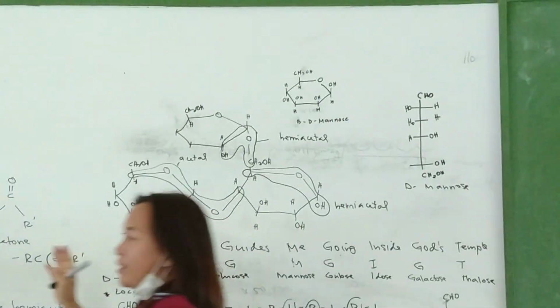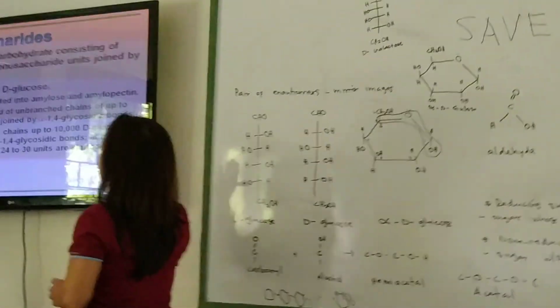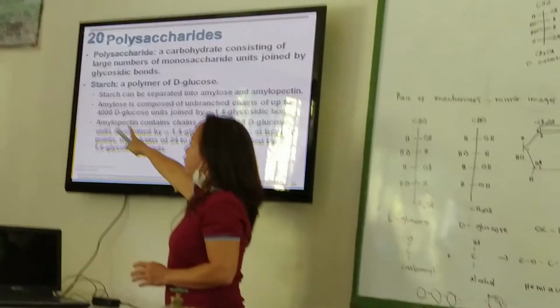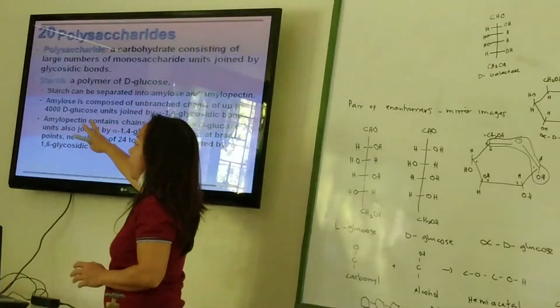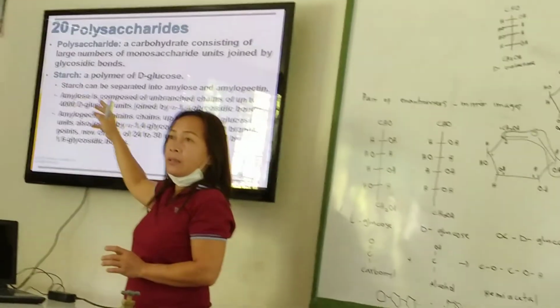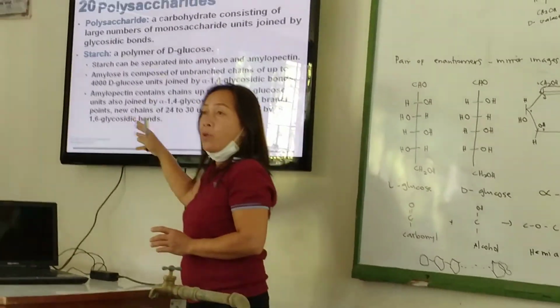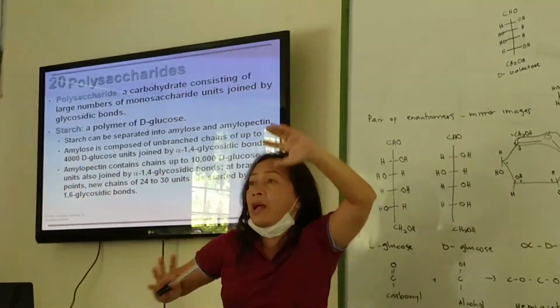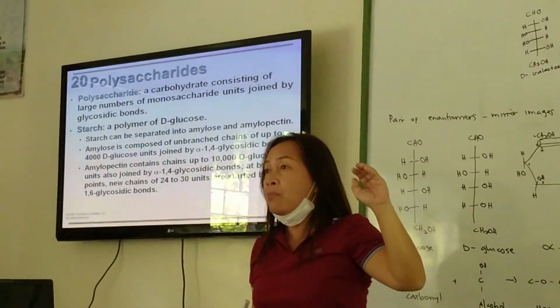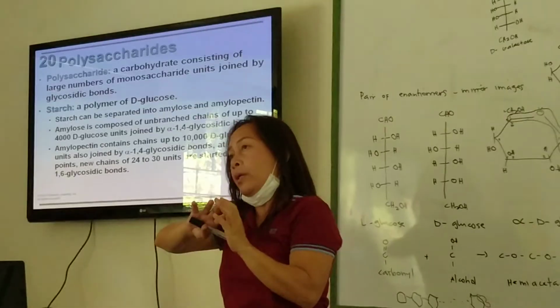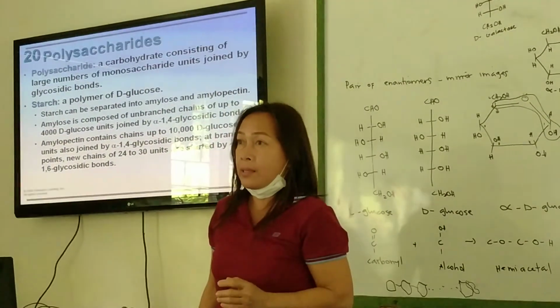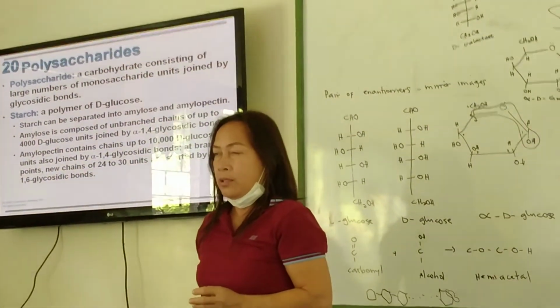So, in other words, when you are describing amylopectin, which is also a polysaccharide, you may consider it a reducing sugar. Why? It will react with oxidizing agents because of several free hemiacetals that will interact with oxidizing agents. Okay?